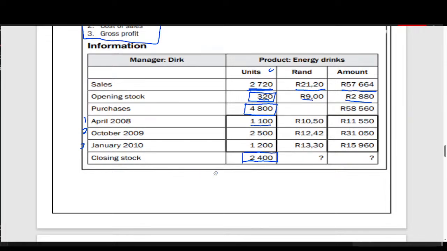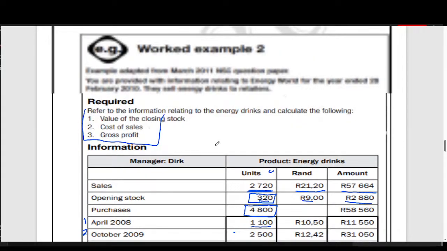So when we check, we have 2,400 stock that we did not sell. We don't know where that stock belongs here. Is it in here? Is it in here? We are not sure. But I will tell you, and then you will be sure of where the stock is coming from.